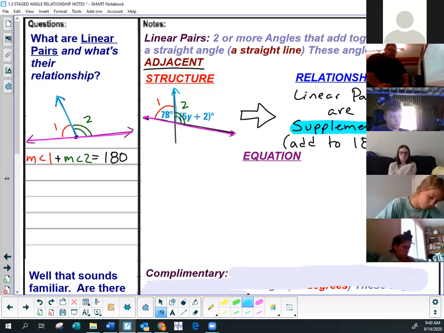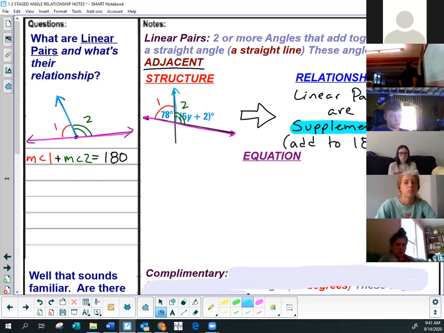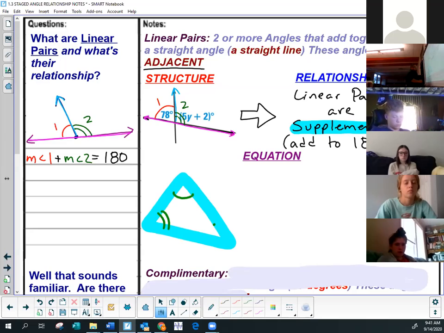For example, do you guys know what the three angles of a triangle add to? 360. Not 360. 180. Yeah, you guys don't need to write this down, just watch. And so if I take these three angles and add them together, I'm going to have 180 degrees. So what can you say about these three angles?